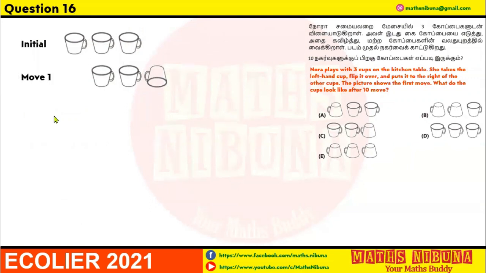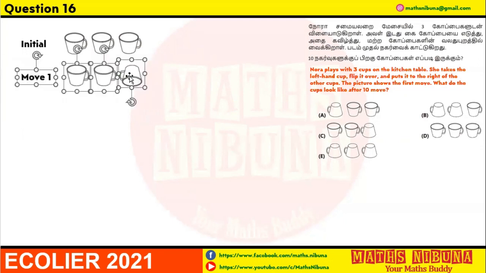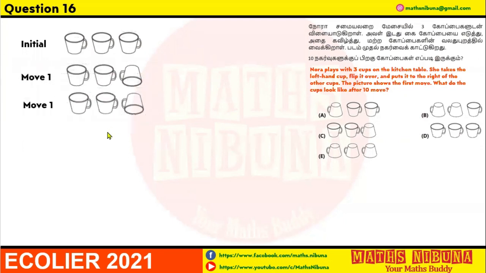After the first move, it will look like this. Move number 2: I take this cup, put it at the right and flip it. Now it becomes like this after move number 2.